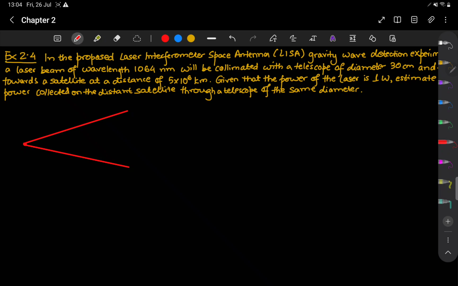And this wavelength of 1064 nanometers laser is being used, which is much beyond the visible regime. My diagram is looking a little bit weird. Let me try and fix it. Much better.